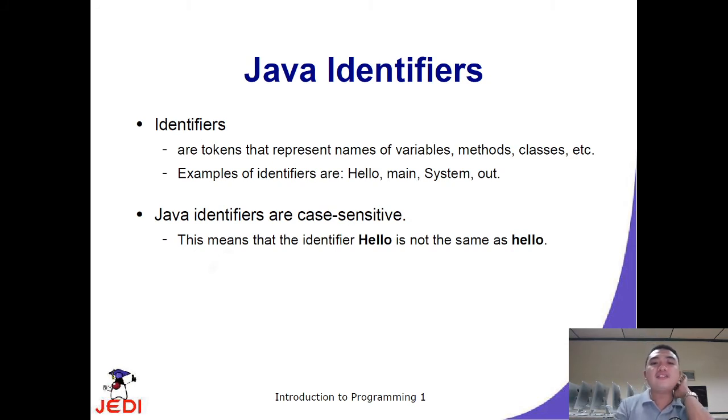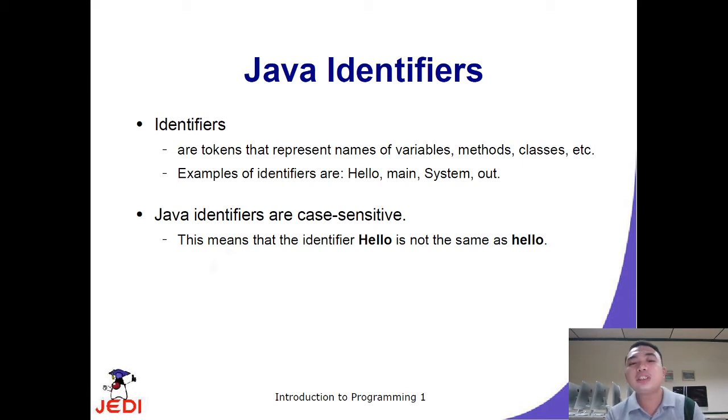Okay, Java identifiers, these are tokens that represent the variables, the methods, and classes. In algorithms and flowcharts, we already have defined variables that can store or assign values. Methods are behaviors of classes, and the name of the class is the name of the program.